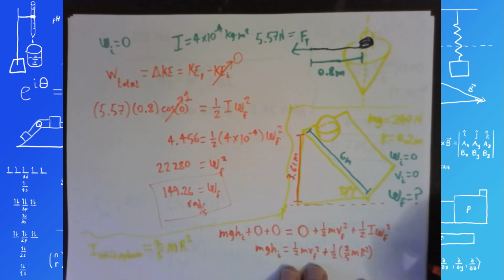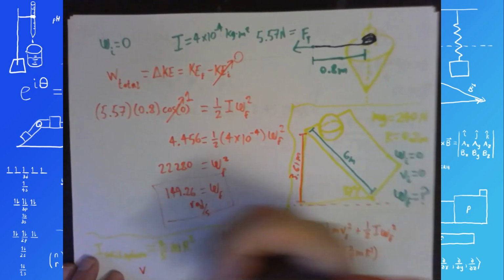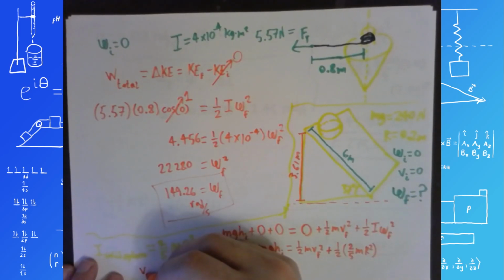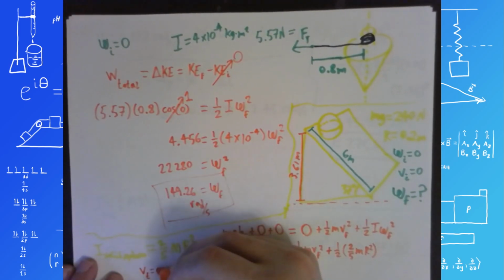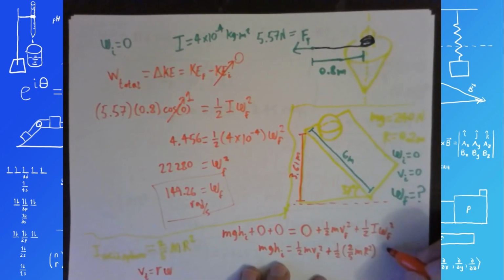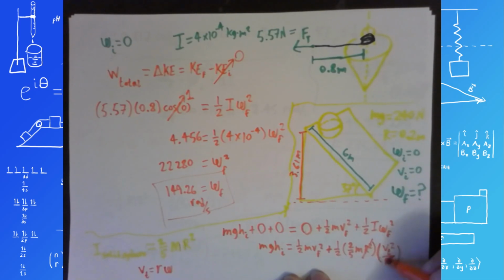And then omega final squared, well, we can use the relationship v tangential, which is the translational velocity here. V tangential equals r times omega. So we can divide by r. Omega equals v tangential over r. So omega final squared is v tangential squared over r squared. And the r's cancel out.